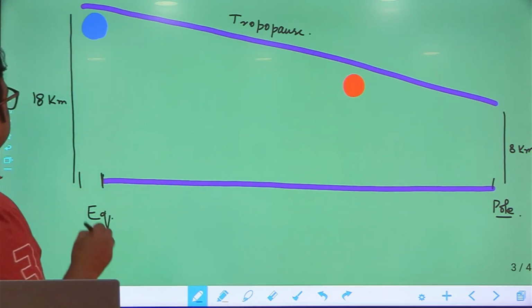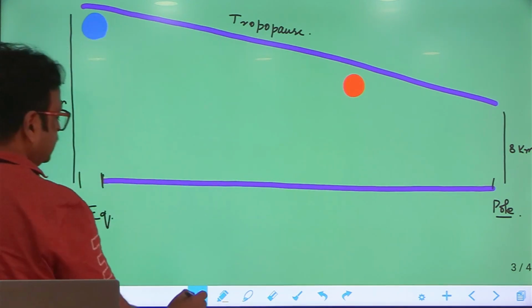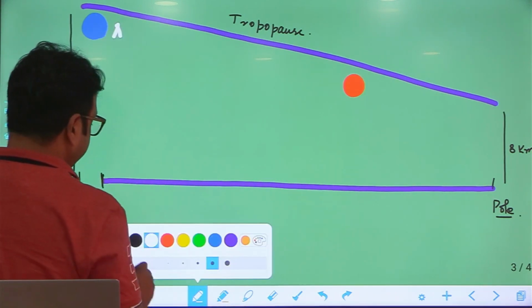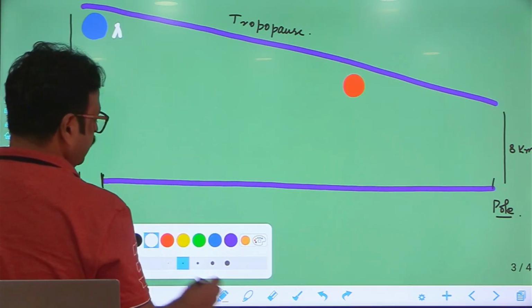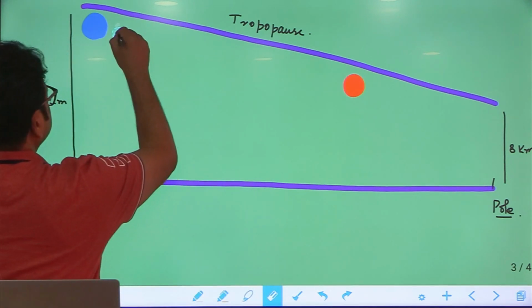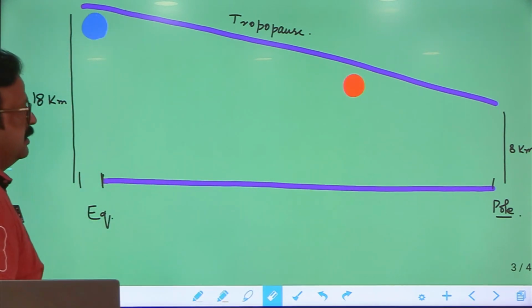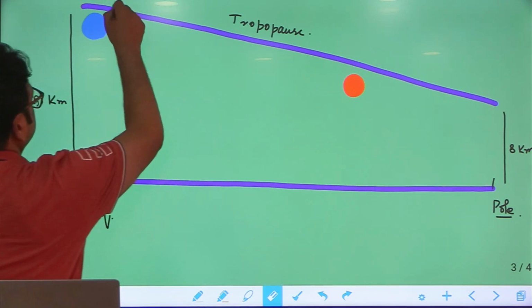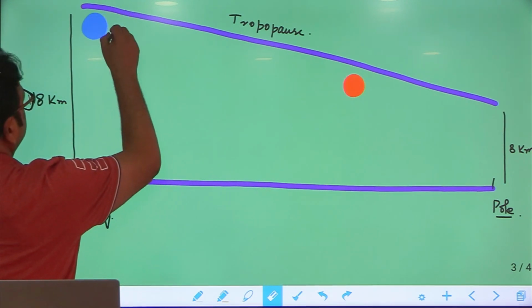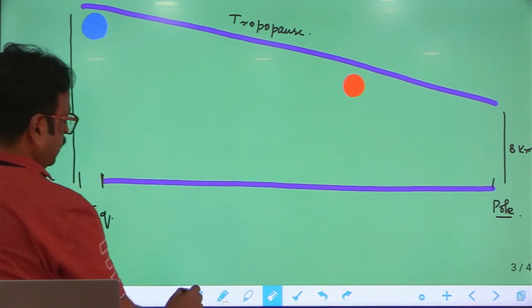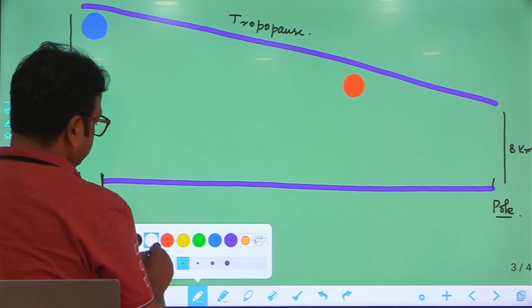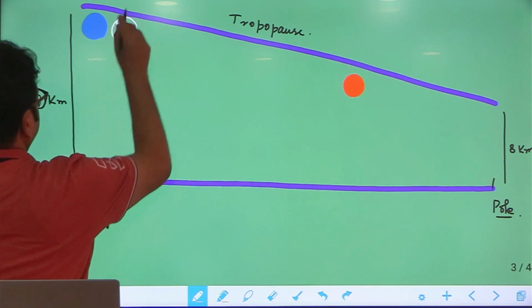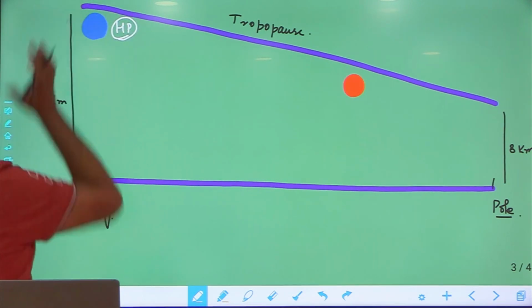So, there is an air mass which is left over when there is rising of air current at the equatorial region. As you know, in the upper region at the equator you are going to have high pressure, developed because of the rising of the air.